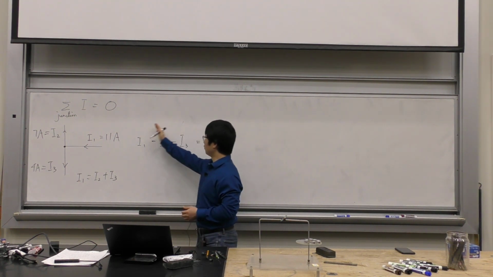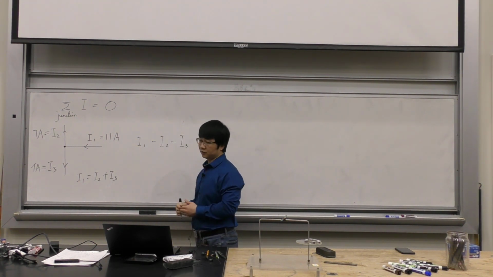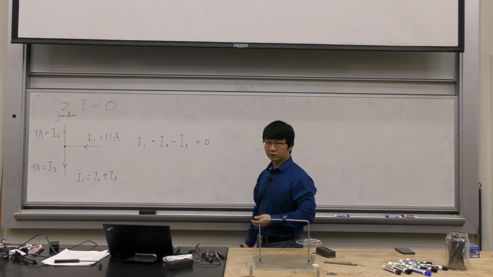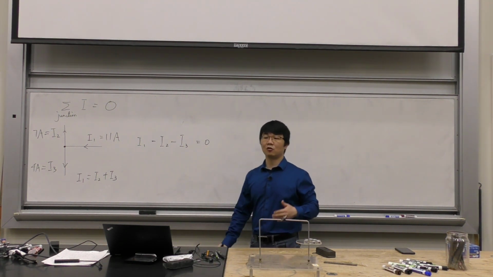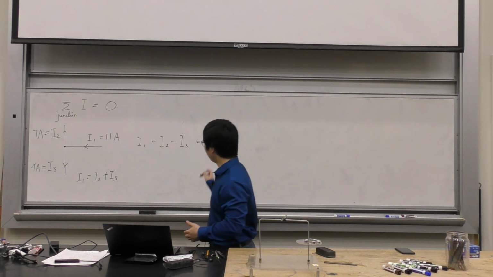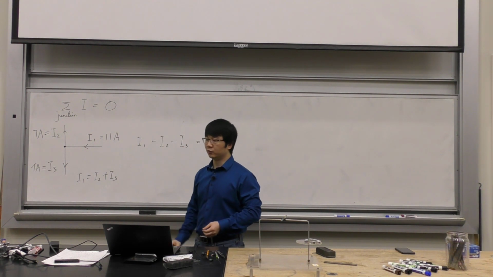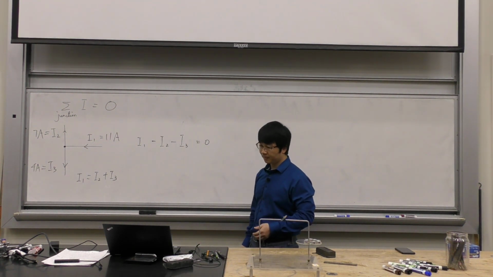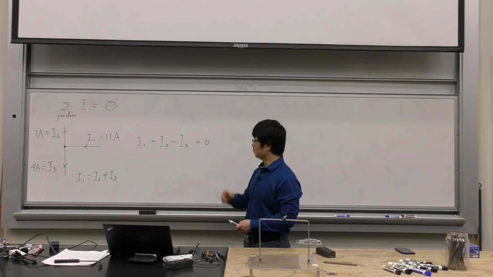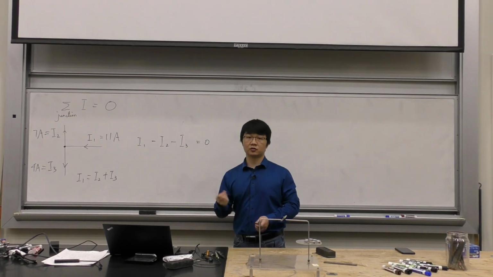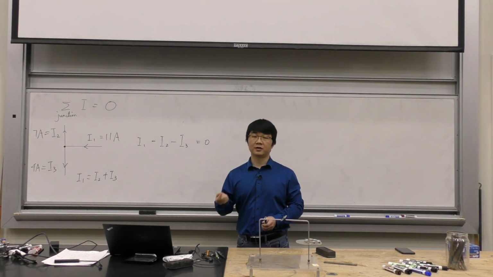Now I have listed all the currents on the left with their signs, and the sum of all these currents must be equal to 0. That's how I use the junction rule: list all the currents on the left-hand side with the correct signs and set them equal to 0. You can apply this rule to any junction you find in a very complicated circuit.